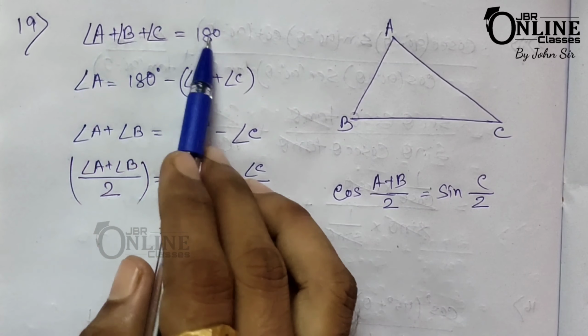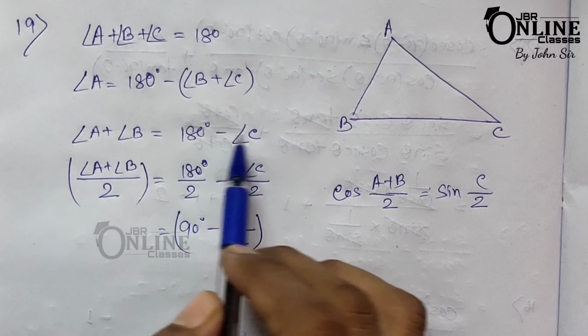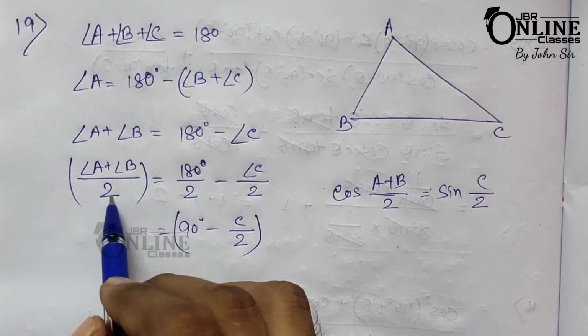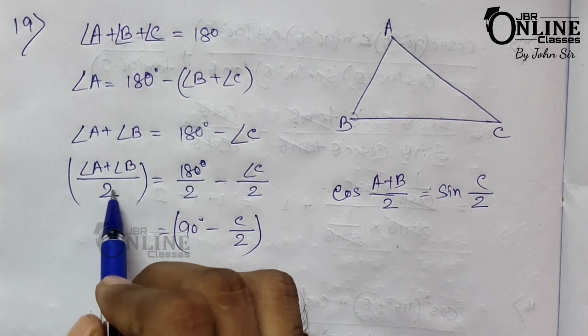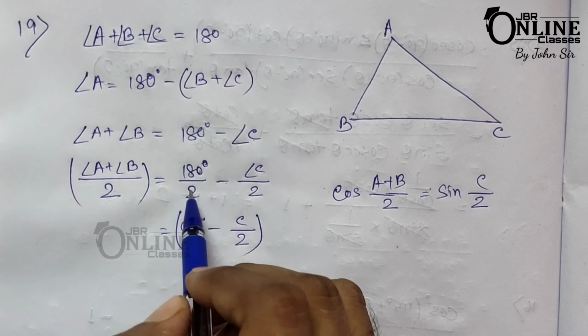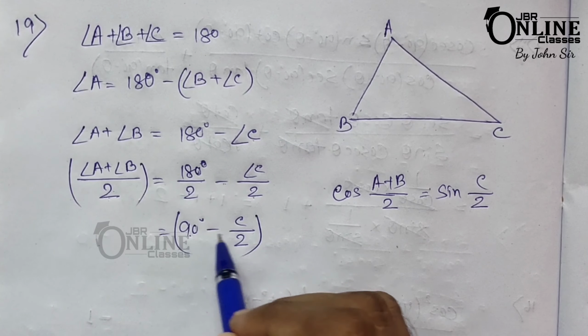So angle A plus angle B equals 180 minus C. Now if you divide by 2 on both sides, then A plus B by 2 equals 180 by 2 minus C by 2, and 180 by 2 becomes 90 minus C by 2.